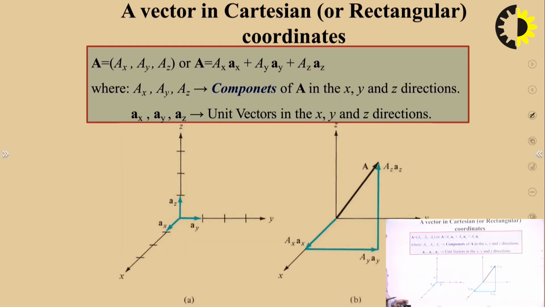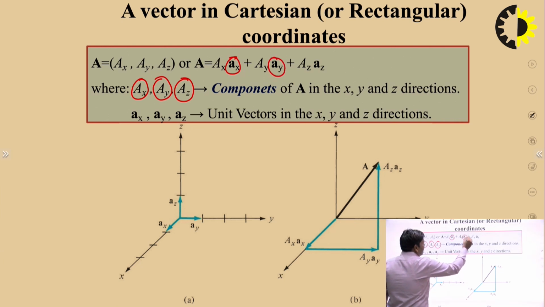Take an example in a Cartesian coordinate system, or rectangular coordinate system. If vector A is defined as Ax, Ay, Az, where capital Ax, Ay and Az are the magnitudes of that particular vector, then the total vector in the Cartesian coordinate system is defined as A is equal to Ax ax plus Ay ay plus Az az, where capital Ax, capital Ay and capital Az are the components of A, or we can say the magnitude of vector A in the direction of the ax vector, ay vector and az vector.